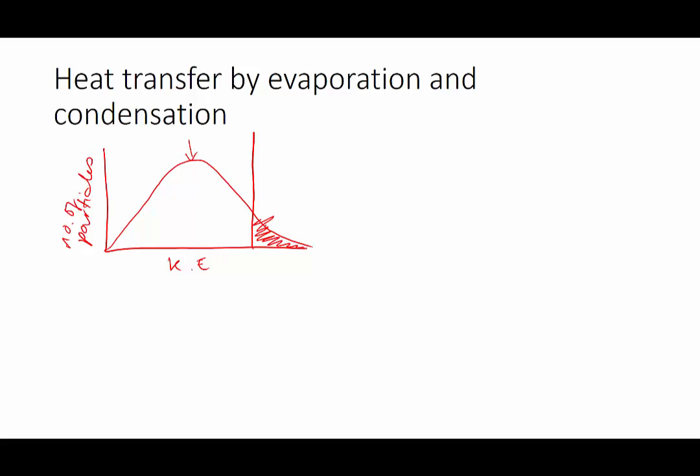So once these have all left, the rest of them maintain the same kinetic energy as previously, but because we lost these few at the top end, the average kinetic energy has decreased. That means the overall temperature of the liquid has also decreased. So the rate of evaporation is going to tell us how quickly the overall temperature decreases.